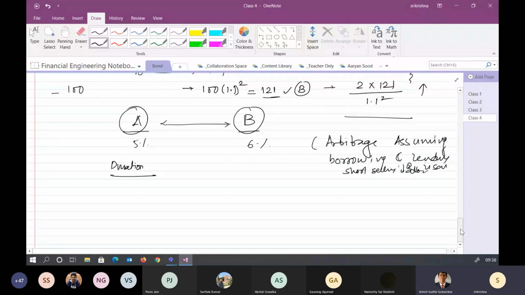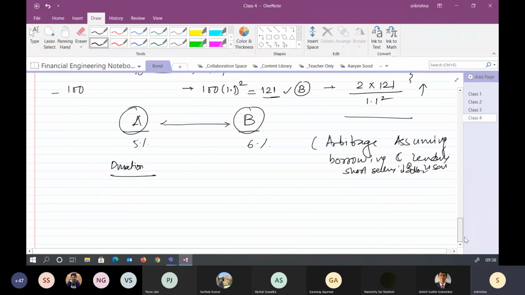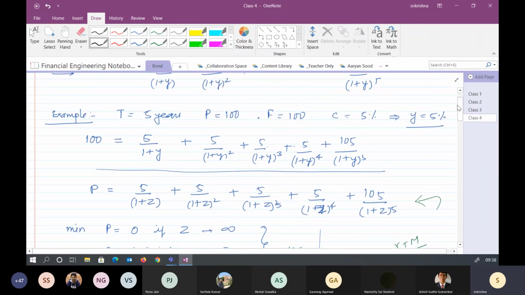So now we go back to the same expression, and I'll ask you to calculate. Do you remember the example I talked about, the first one? Try to find the prices when y changes from 5 to 4.5 and 5.5. These are the two values we are thinking of.